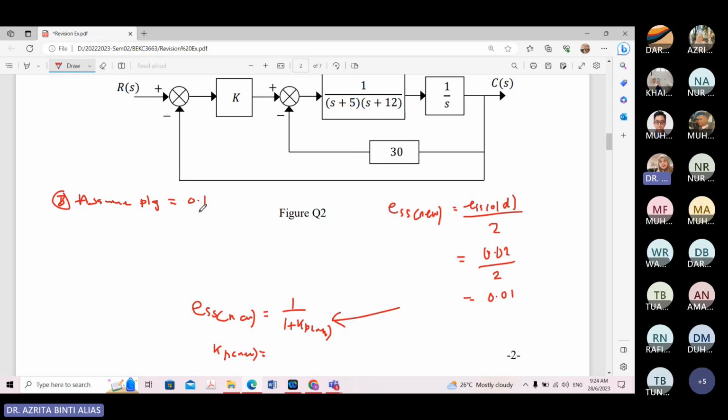Basically, you need to choose the value near to the origin. So we just choose P lag equal to 0.1. From here, we can calculate the value of Z lag. Right? Z lag is equal to Kp new over Kp old multiplied by P lag.